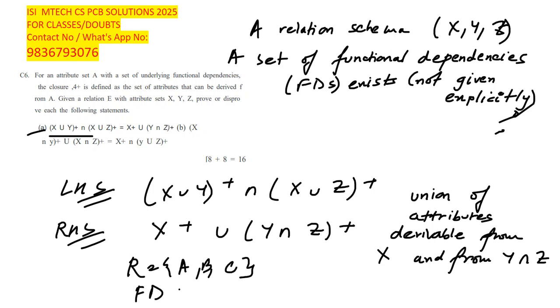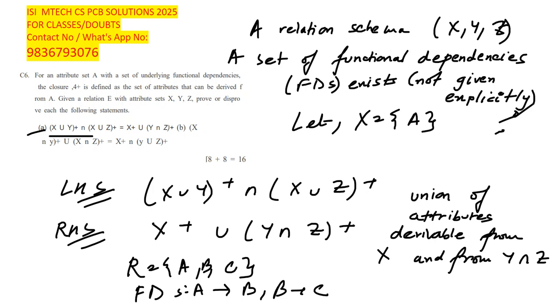and here A. So here let x is equals to A, y is equals to B, z is equals to C. Now what we compute first? The left hand side for the first.